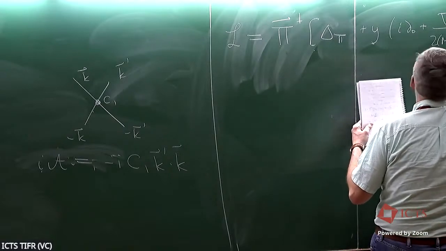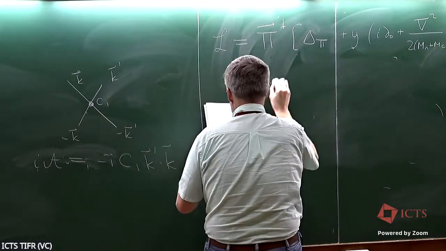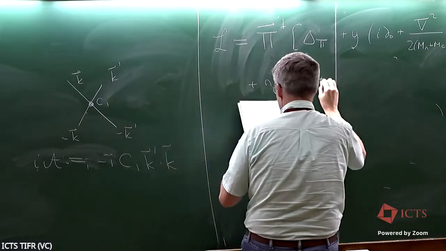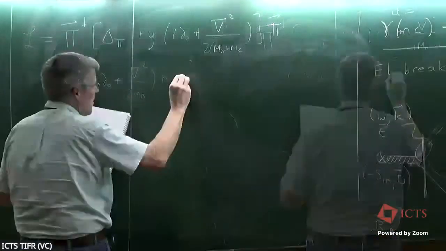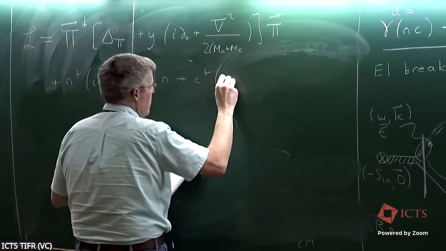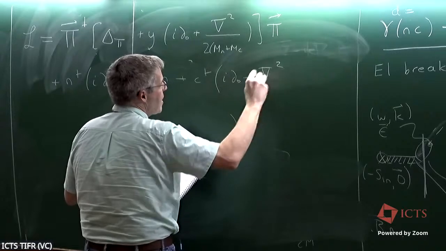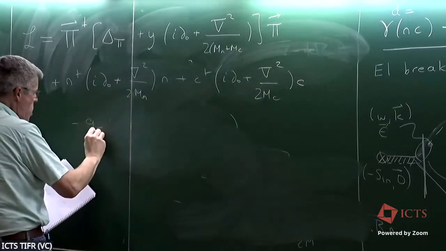Other than that, this is exactly the same as before. Well, not quite, because the vertex is different too. The free part for the neutrons is the same. The free part for the core is the same. And then the different part is here.